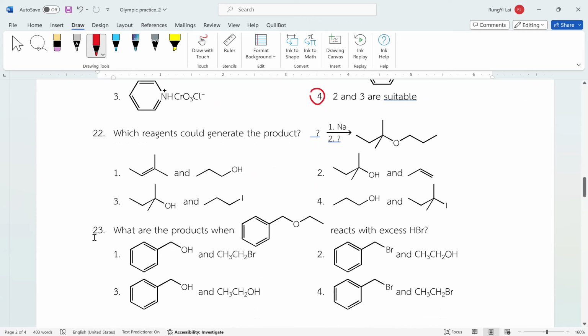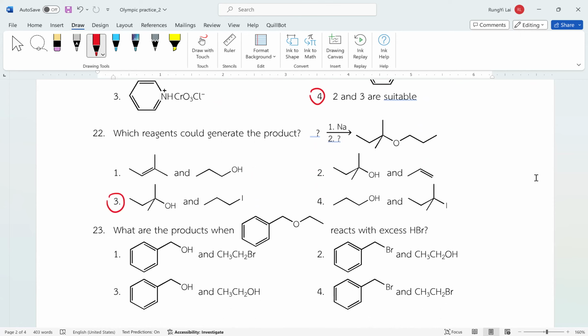So the next one is about ether synthesis. You can see the first reaction requires sodium, and in the second reaction you require another alkyl halide to make it. So that means the answer should be, let me see, this one.